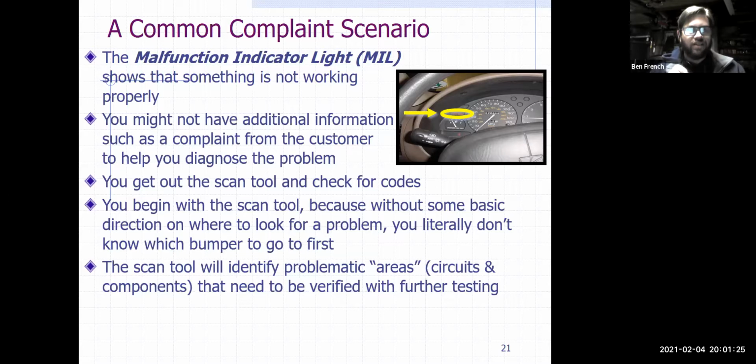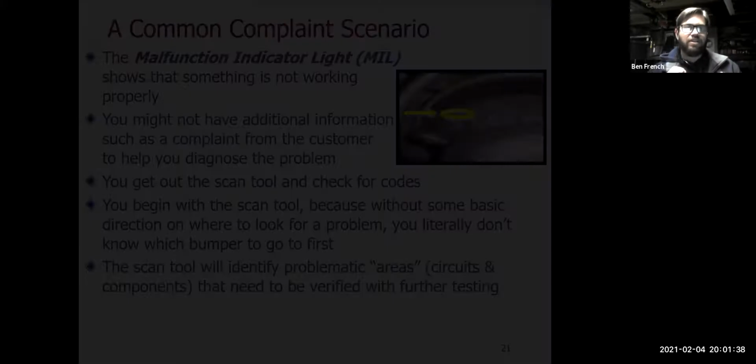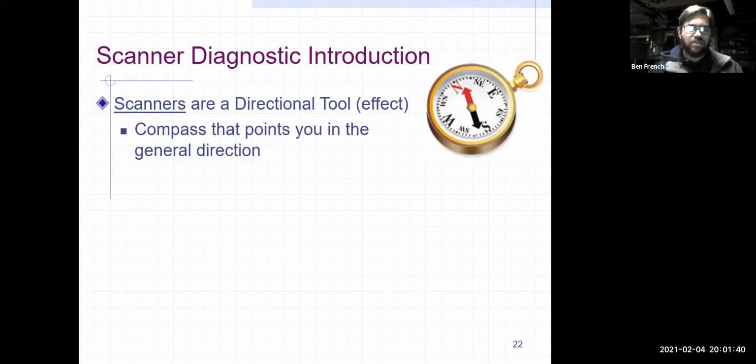When the light is on, that means he set a code. And if it's an OBD2 car, you'll be able to retrieve that code from the computer's memory, because when the light's on, the code's there. Not only will you get that code, but you'd also have a freeze frame, so it'll show you when the code was first set.